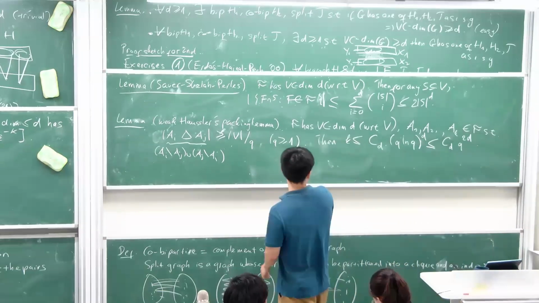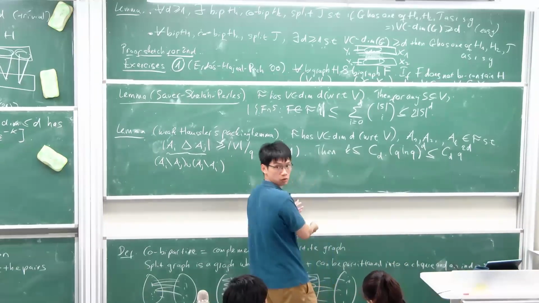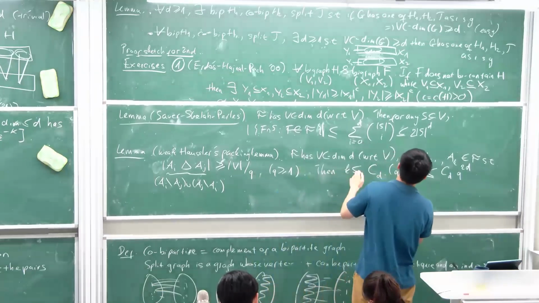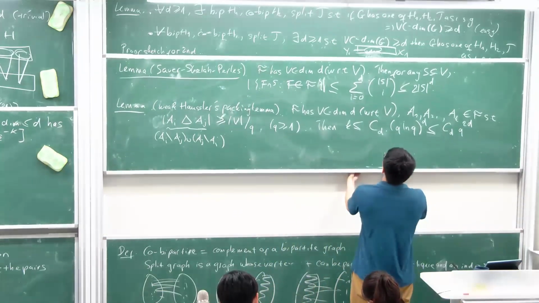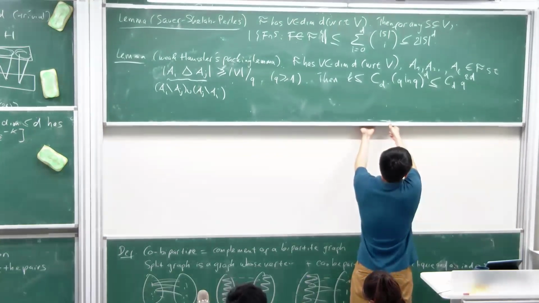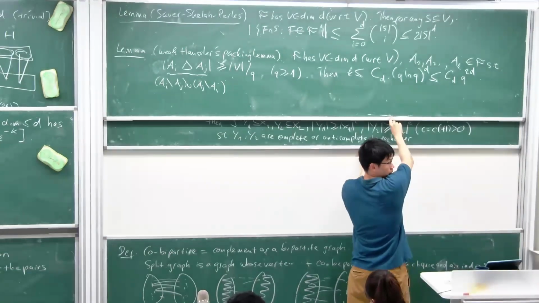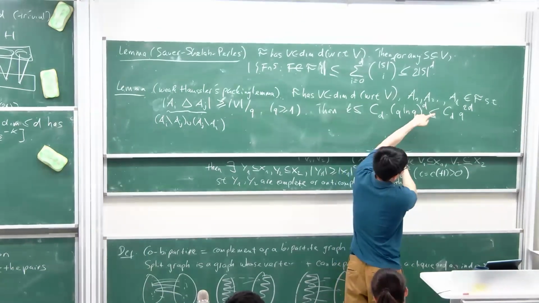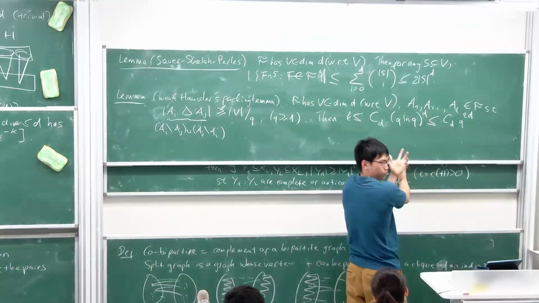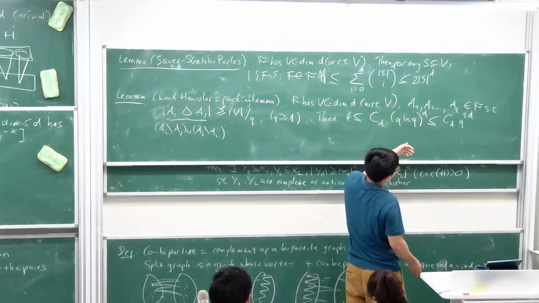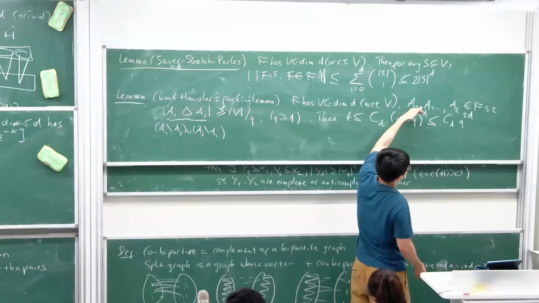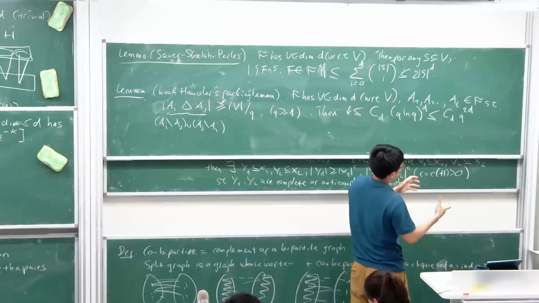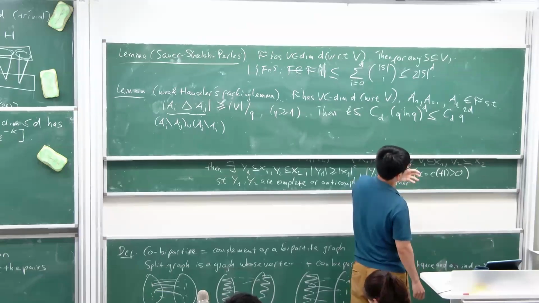Any question? The proof of this is a simple random sampling argument. Why is this lemma called the packing lemma? My guess is you want to pack the sets from the family so that they are very different.